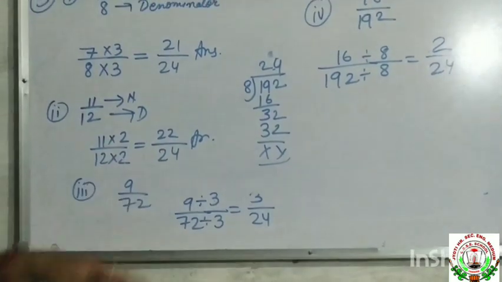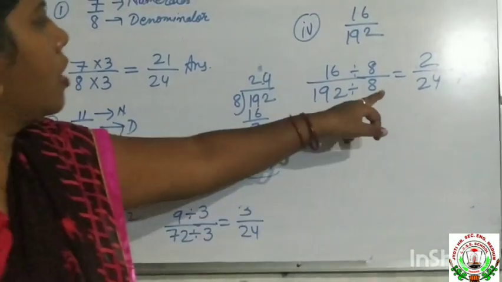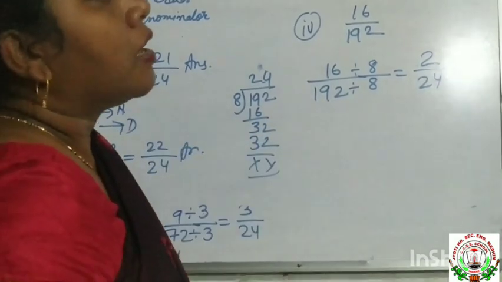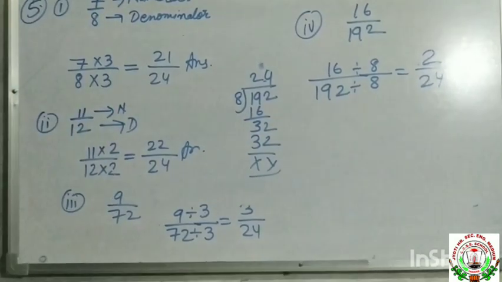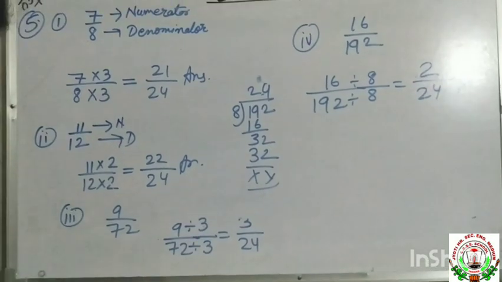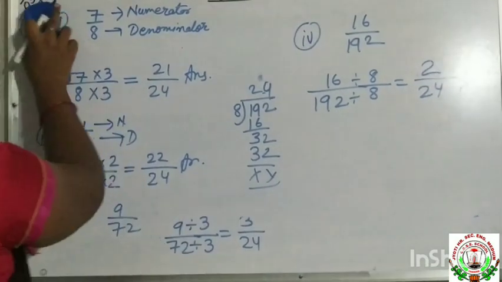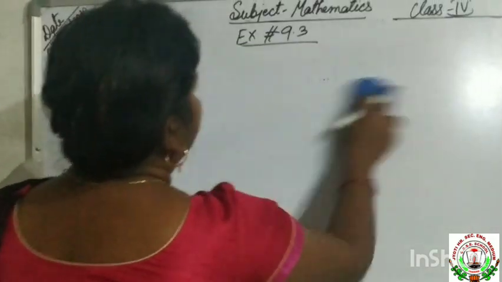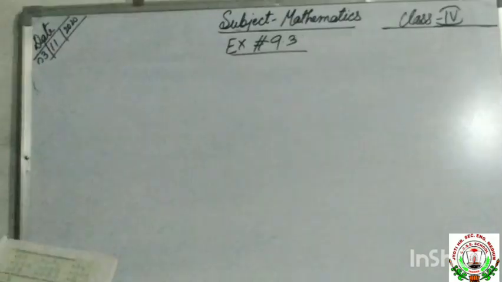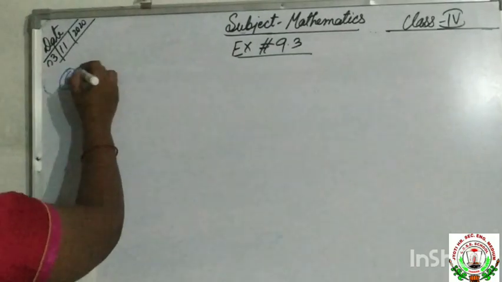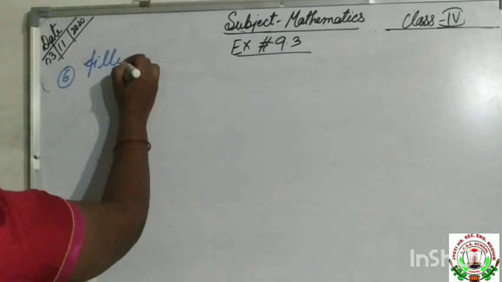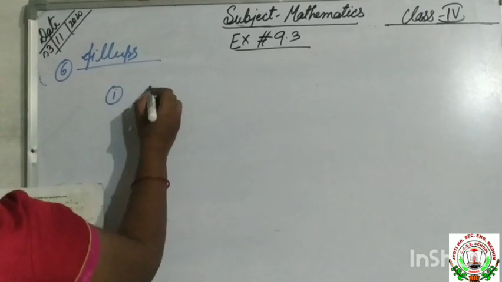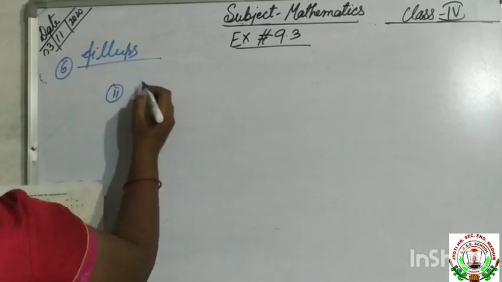Now here all the denominators are 24. In the first two cases we are multiplying and in these cases we are dividing. Understood? Now the next question is question number 6. It is fill-ups. One is already solved. I am starting with 2. How to solve?